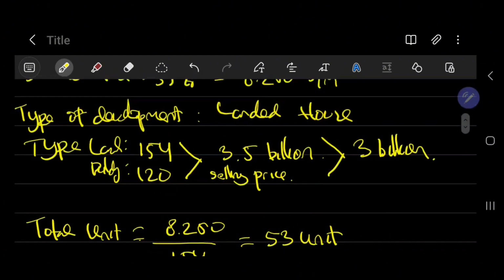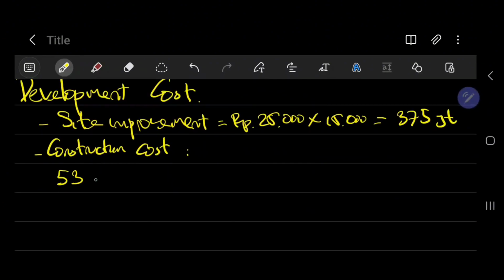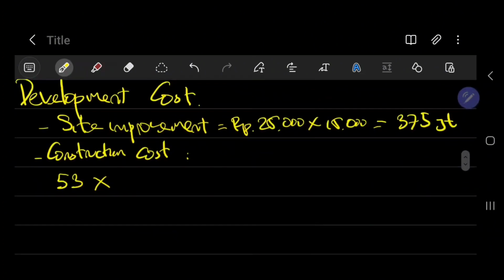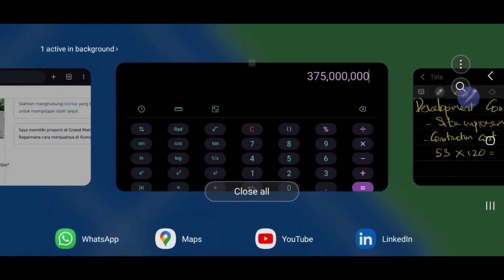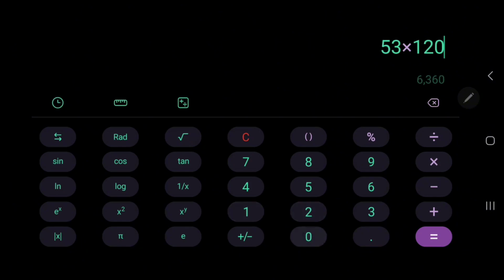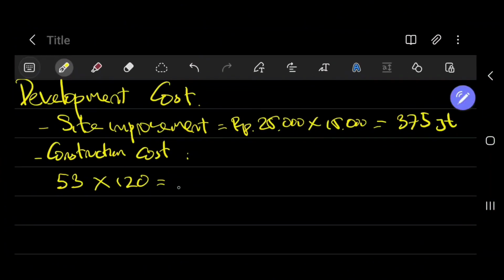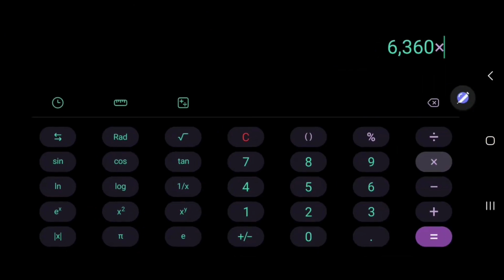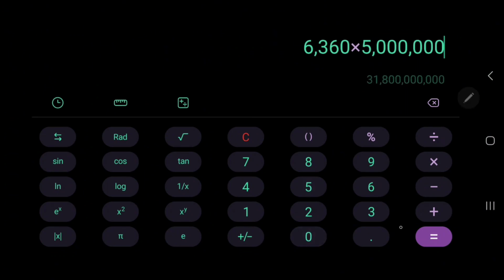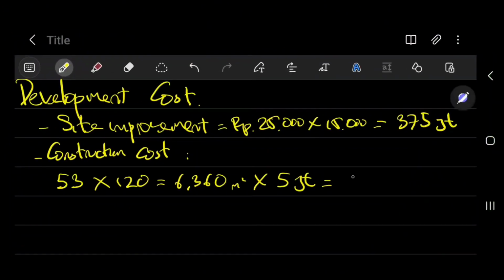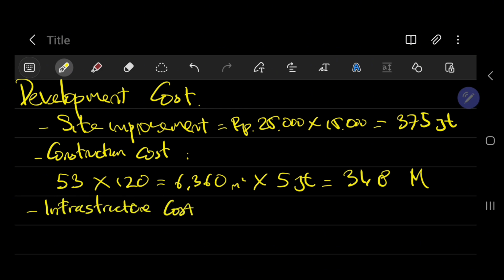Then we calculate the construction cost. It's the building area multiplied by the total units. So we get 53 units multiplied by 120, which is 6,360 square meters, multiplied by a building cost of about 5 million per square meter. You can check with a contractor for building a house. Usually it's around 5 to 6 million per square meter. So we get the number for the construction cost.